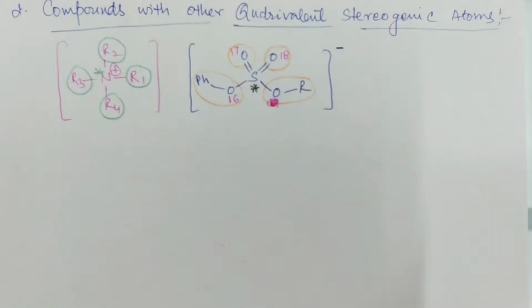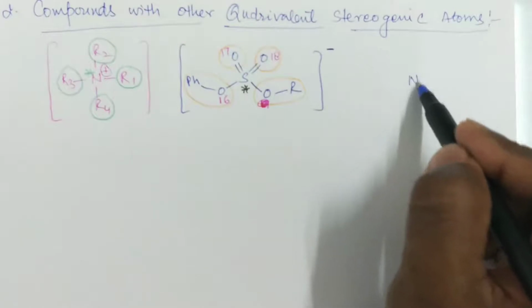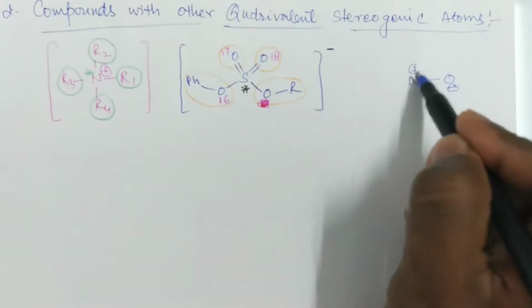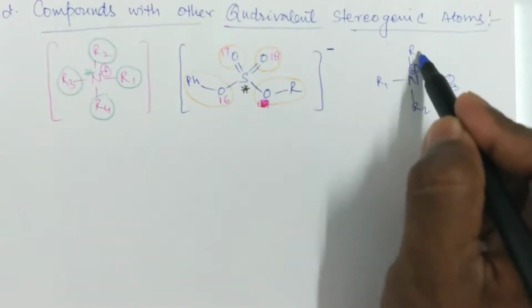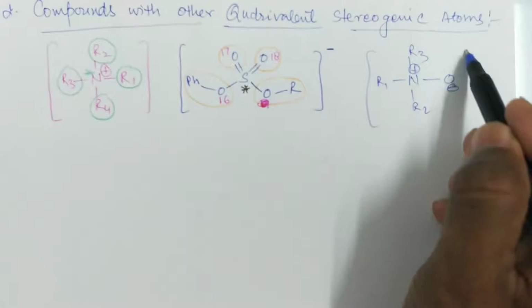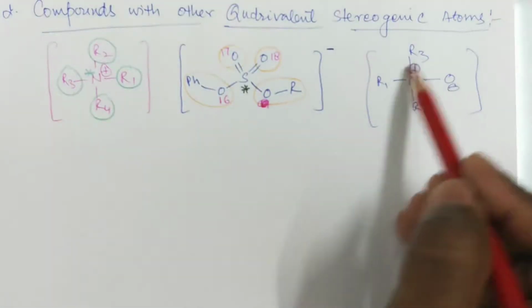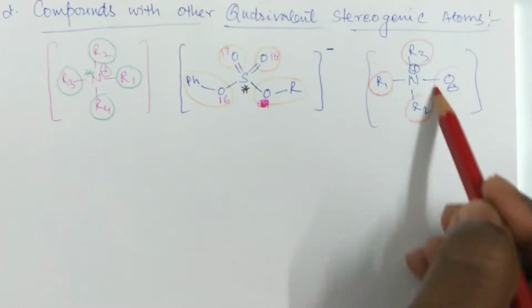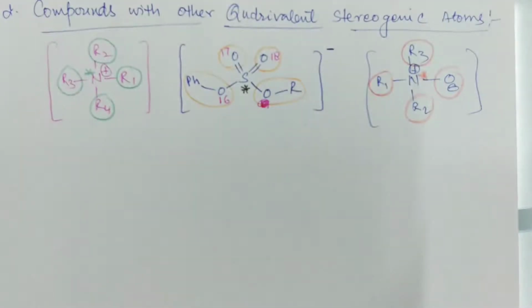One more example is nitrogen, because I am taking examples which are frequently present in your organic chemistry, like R1, R2, R3. See, this is R1, this is R3, this is R2, and this is O. All are different, so this is also a stereogenic nitrogen.